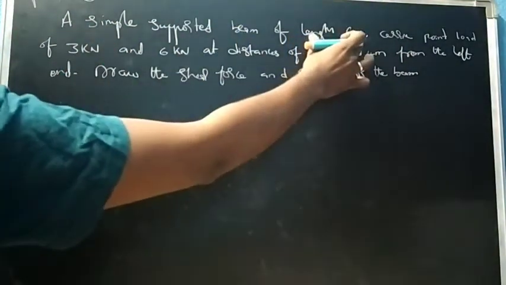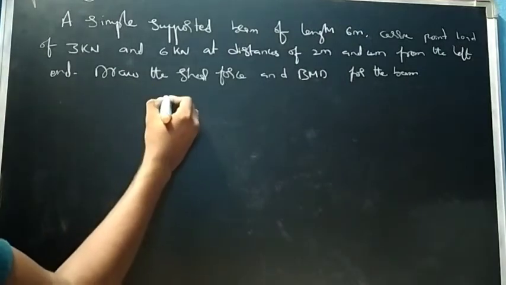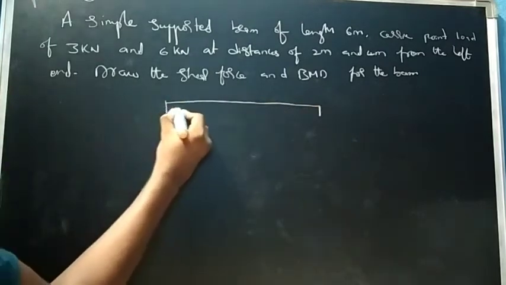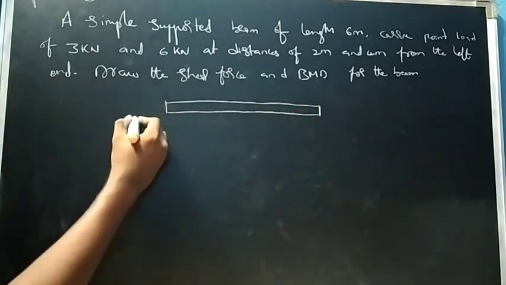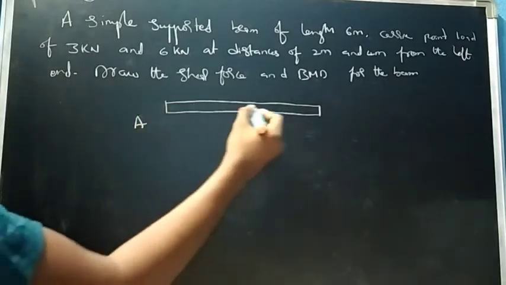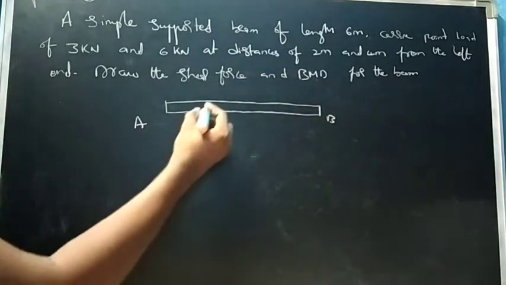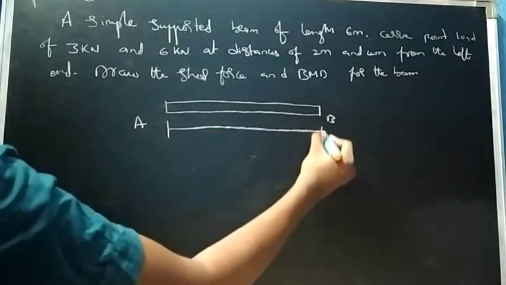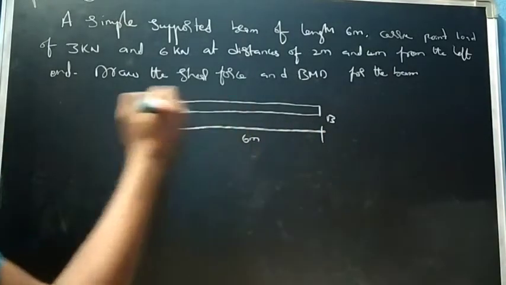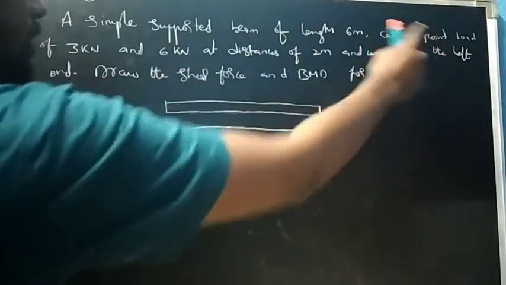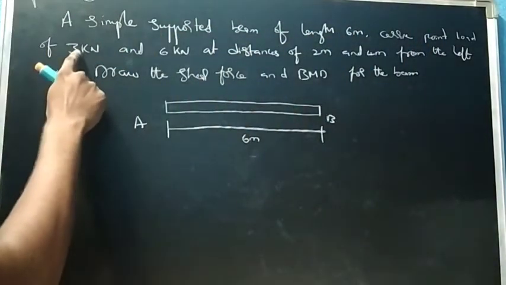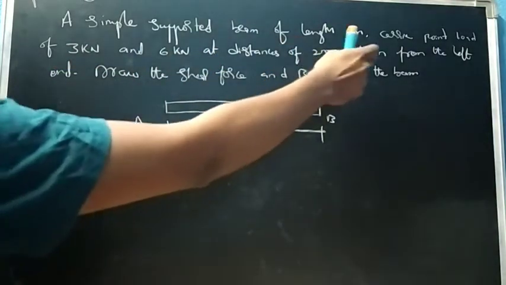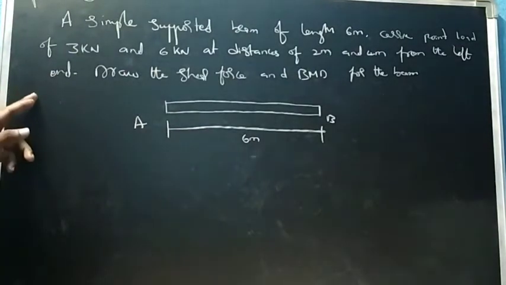The total length of the beam is 6 meters. Let's say this is A, P. The total length is 6 meters. So point loads of 3 kilonewton and 6 kilonewton at distances of 2 meters and 4 meters from the left end.